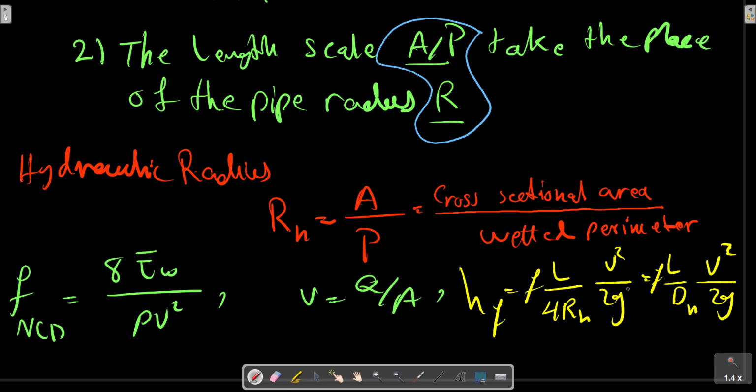This is equivalent to the equation for the pipe flow, except that D is replaced by 4R_H.